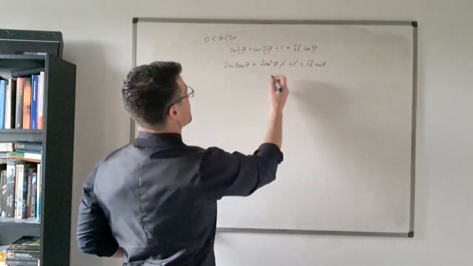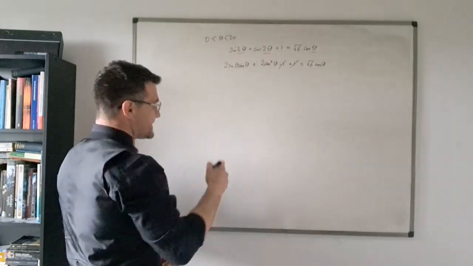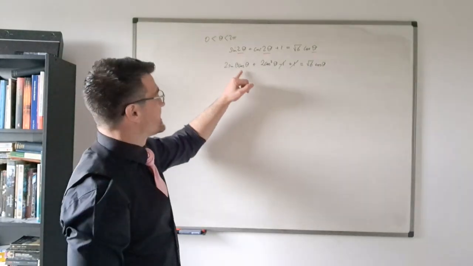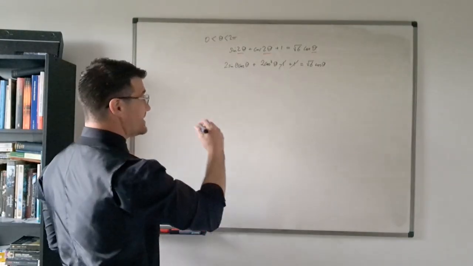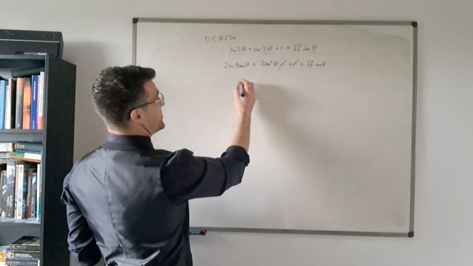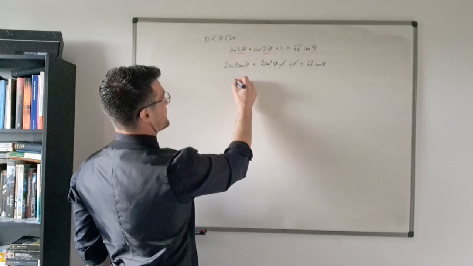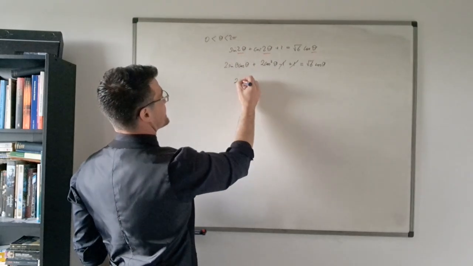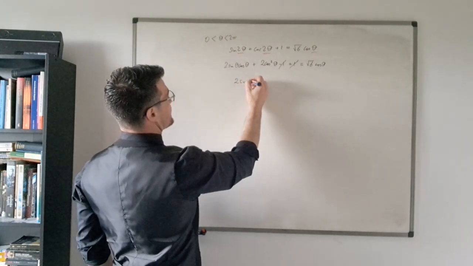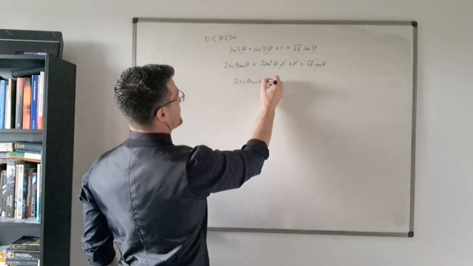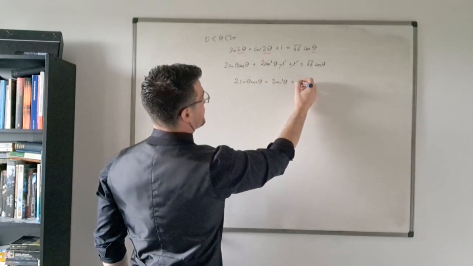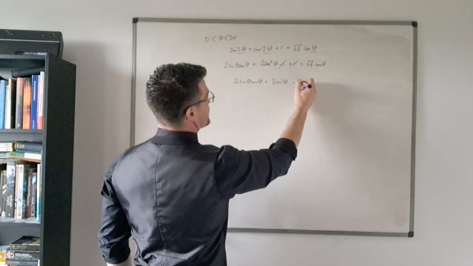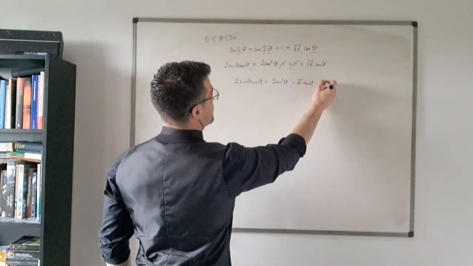So cancel. This is actually looking quite good, because now I can see that I've got a common factor of cos theta throughout here. So let's just bring everything to one side. So I've got 2 sine theta cos theta plus 2 cos squared theta minus √6 cos theta equals 0.